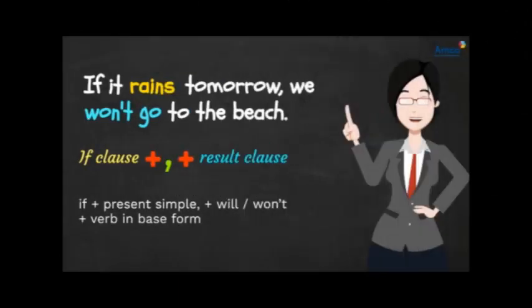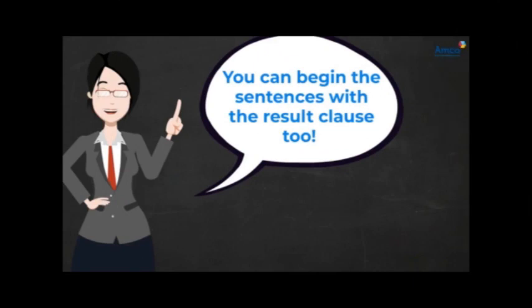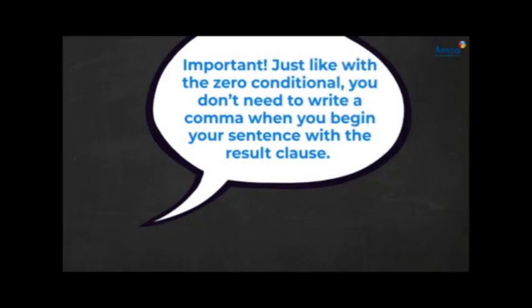In this image, we can see the grammar structure that you should follow when using first conditional. Take a look. Not only can we start a sentence using first conditional with the if clause and then the main clause. You can switch and start with the main clause and the if clause next.